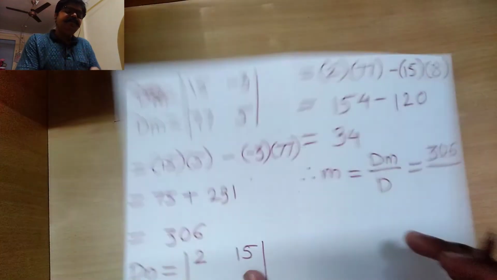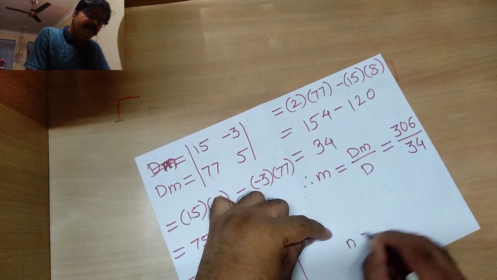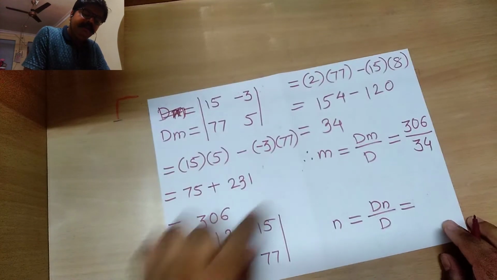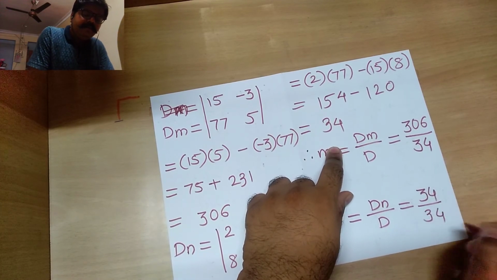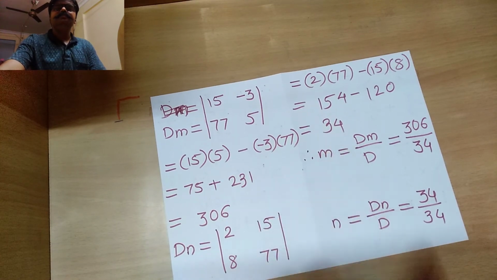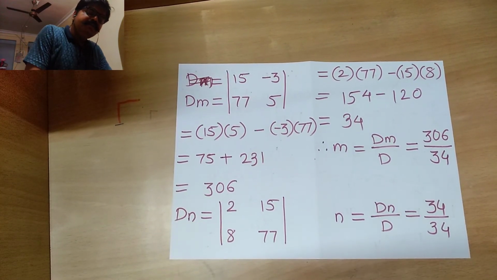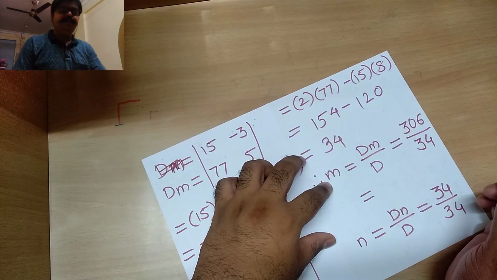So that 34 I am going to write in here. Similarly, we are going to calculate n's value as well. Therefore it will be dn divided by d, which is 34 divided by 34. So after reduction, m's value will be 9, whereas n's value will be equal to 1.